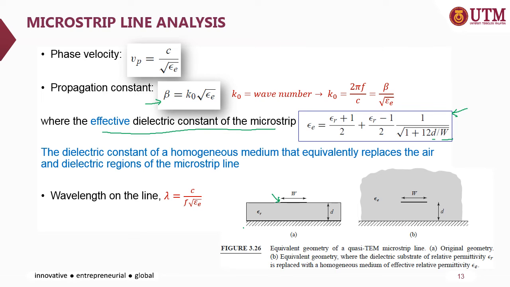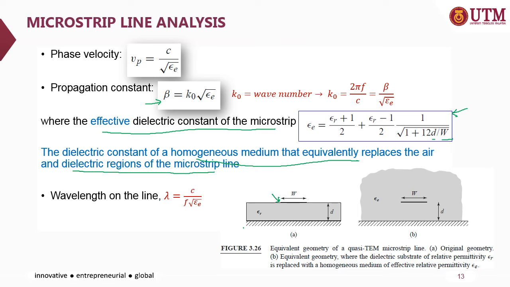Okay, why do we need to consider the effective dielectric constant, epsilon e? Because the effective dielectric constant is basically considering a homogeneous medium that replaces the air and the dielectric region of the microstrip.